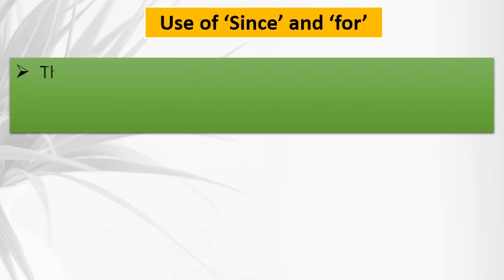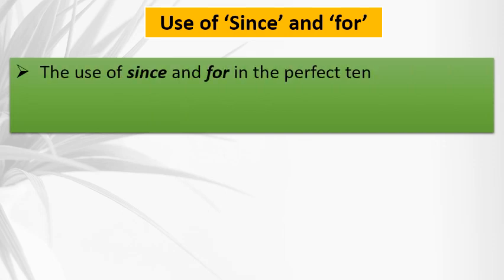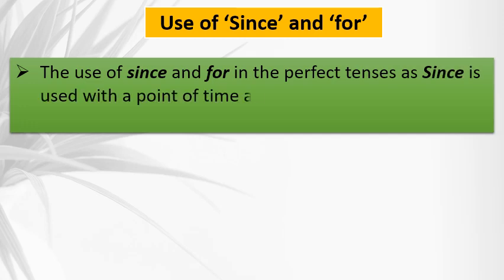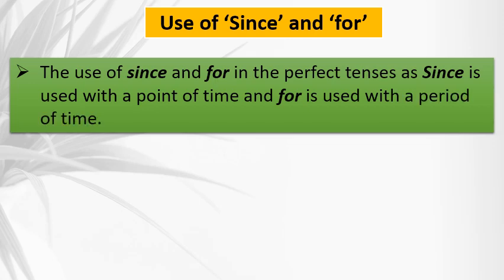So now let us see use of preposition since and for. The use of since and for in the perfect tenses: since is used with a point of time and for is used with a period of time. So first of all, let me clear what is the difference between a point of time and a period of time.